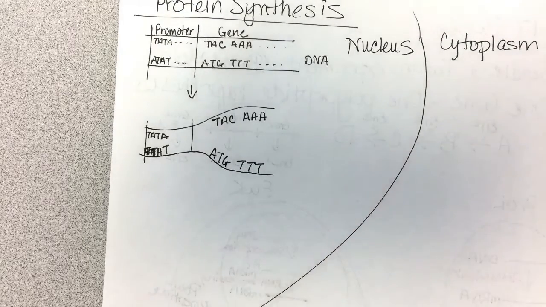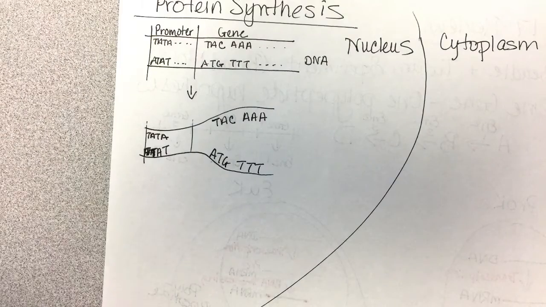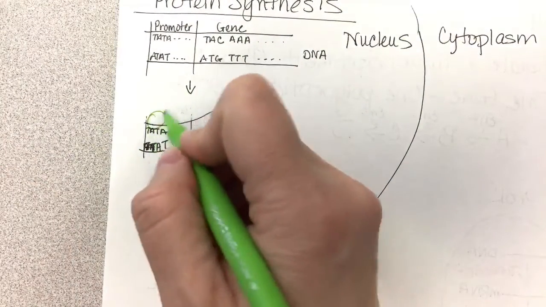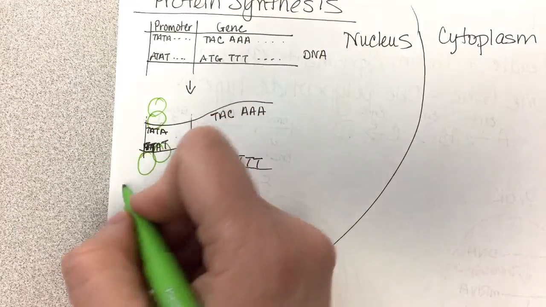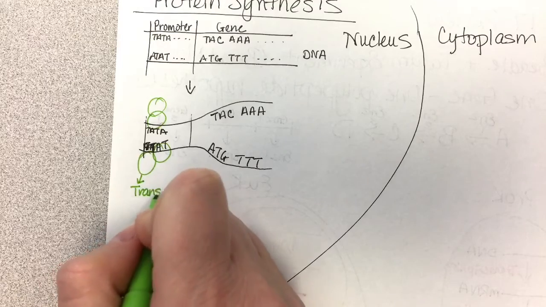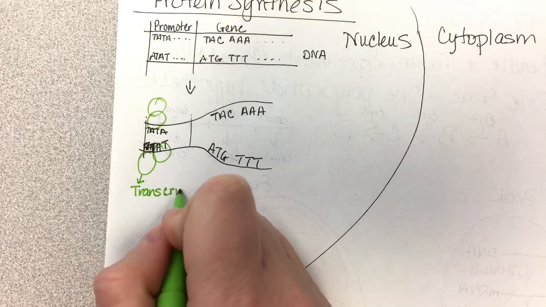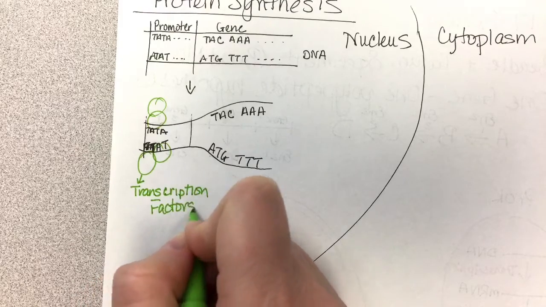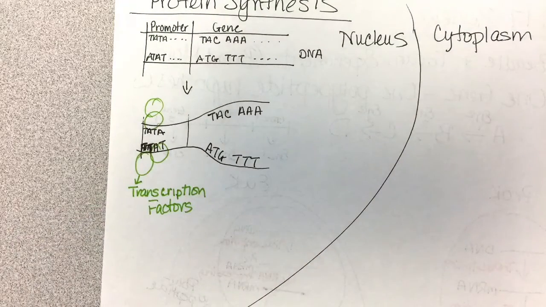All right, so what happens is, what's the significance of the TATA box? It's to bind the transcription factors. And then that's how RNA polymerase knows where to bind.